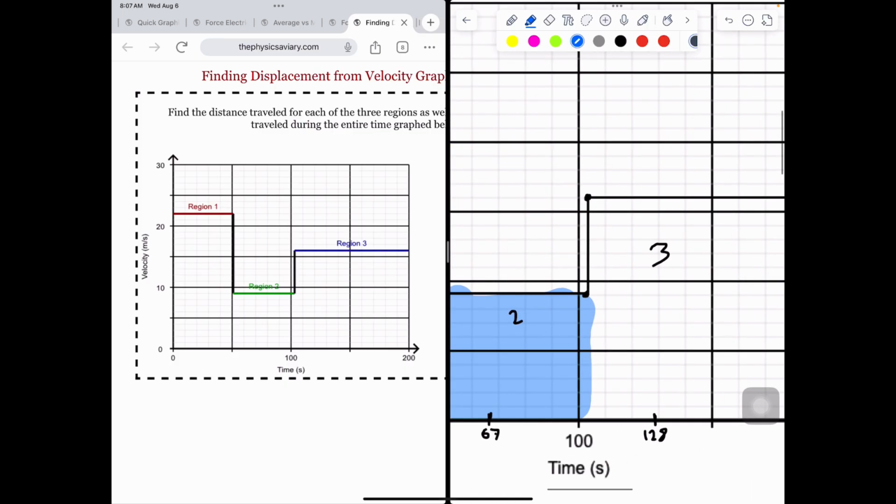And my third one, a much taller rectangle.